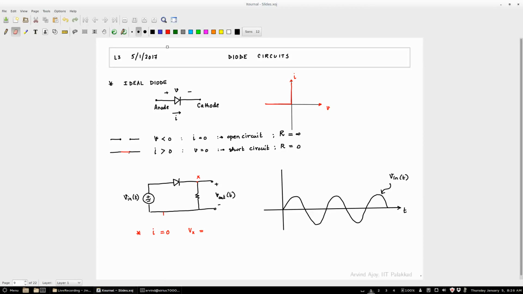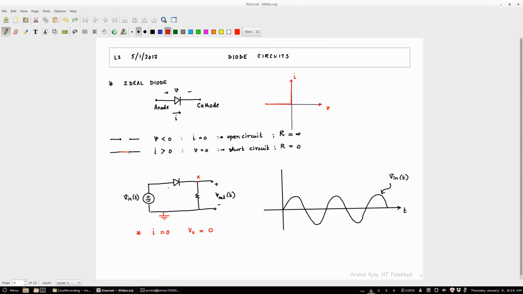I is 0. Let me put it this way. It becomes clearer. I grounded that. So Vx is 0, right? If I is 0, Vx is 0.